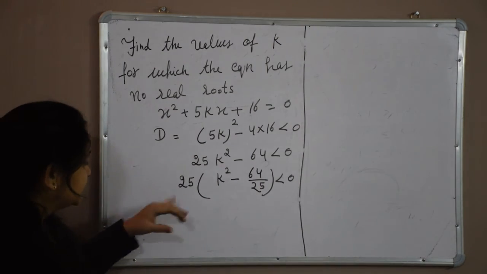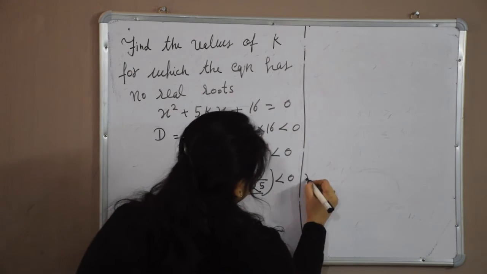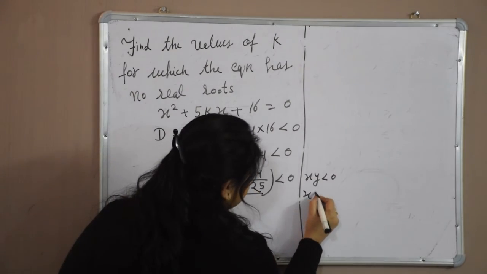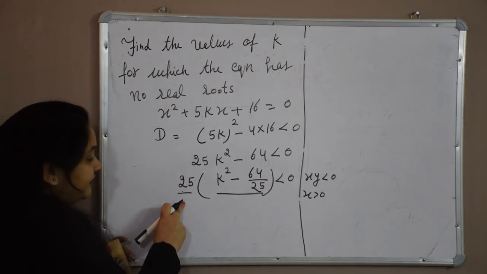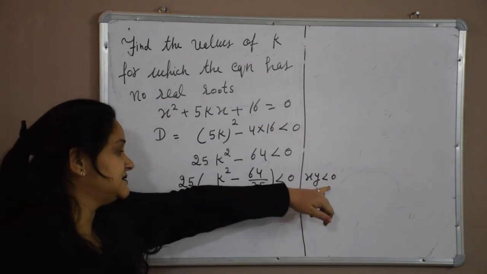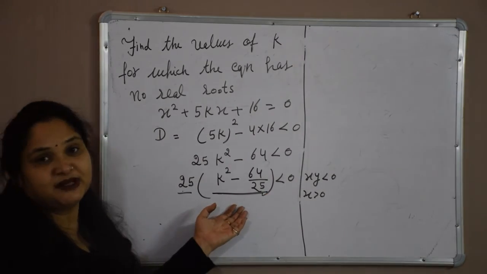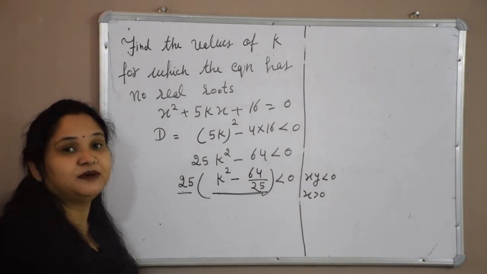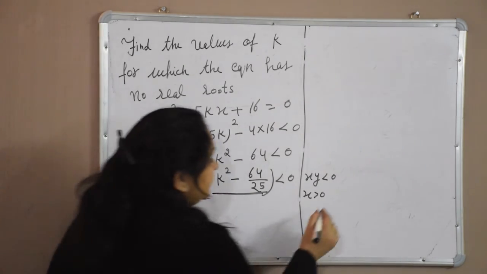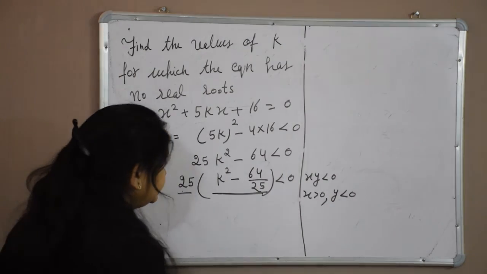Suppose this is our x, this is our y, and the product of x and y is less than 0, and we know that x is greater than 0 because here x is 25. The product is less than 0, therefore y should be less than 0, because if the product of two numbers is less than 0 and one is greater than 0, then obviously the second should be less than 0. So we can use this concept.